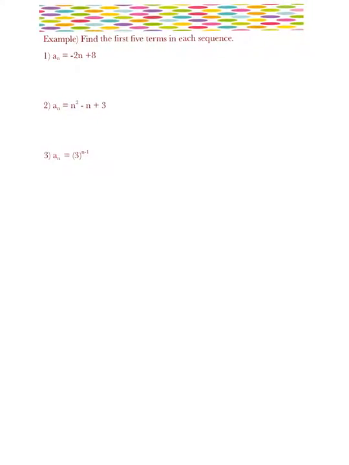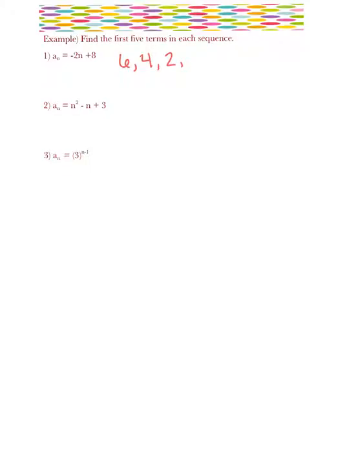So now let's take a look at these explicitly defined sequences. What I want to do is find the first 5 terms in the sequence. So for the first one, if I plug in 1, I would get a 6. When I plug in a 2, I get a 4. When I plug in a 3, I'm going to get a 2.